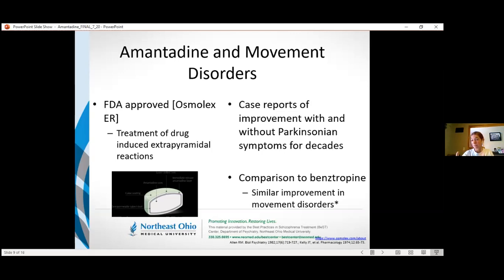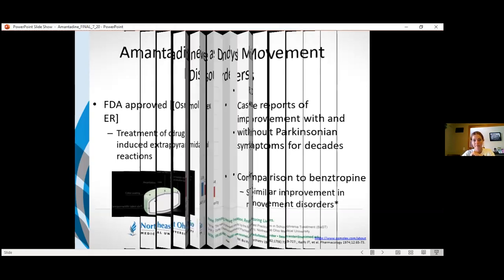There was an impression that the patients did better with benztropine, although some patients may not be able to tolerate those anticholinergic effects. So it's interesting that one of the older head-to-head trials said it may be somewhat equally effective.